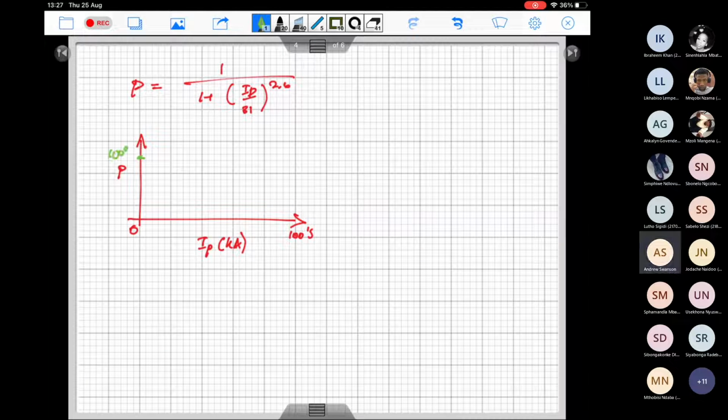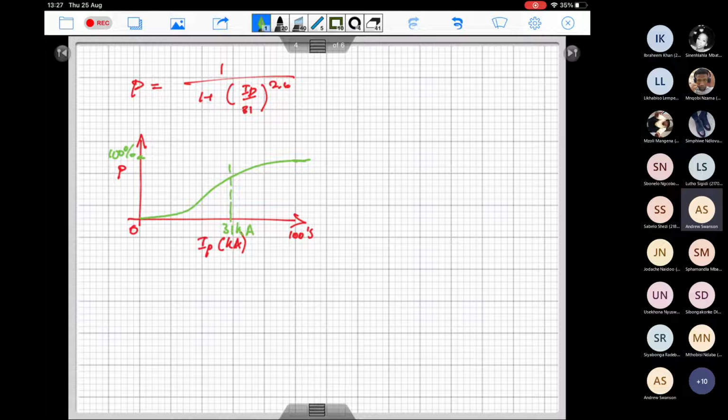So it's actually a cumulative distribution. In the hundreds range, hundreds of kiloamps, there's 100% probability that a lightning strike will occur. Sorry, it's the other way around. My bad.